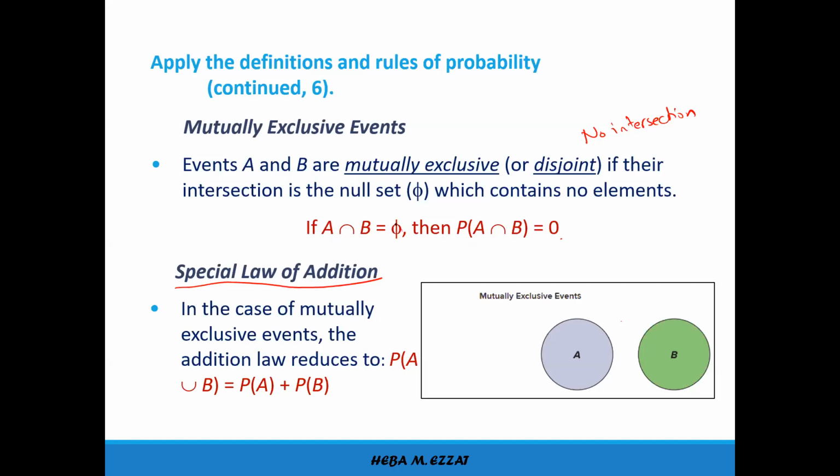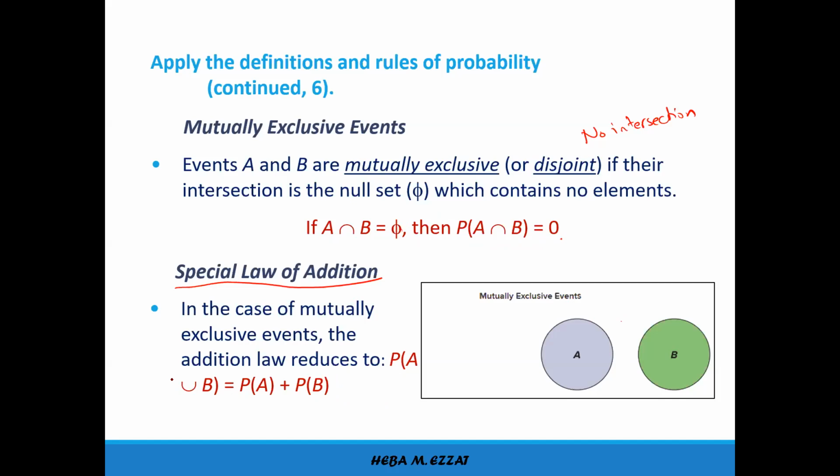Phi here means nothing. A intersection B equals phi. It doesn't exist any intersection, so the probability of their intersection is 0. This is why this term would disappear from this equation.